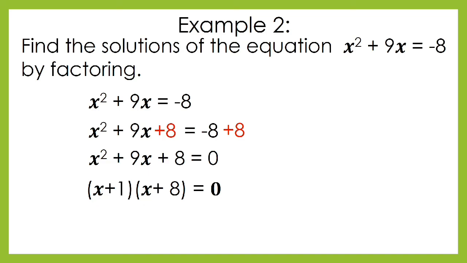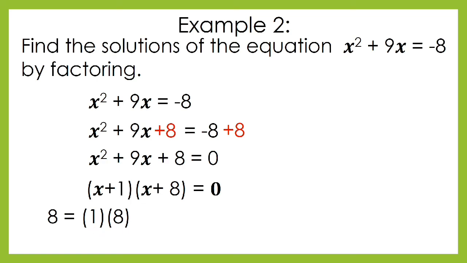After that, we will get the factors of 8 na ang sum ay 9. Ano ba yung dalawang numbers na pag pinag-multiply mo ang product ay 8 at kapag pinag-add mo naman ang sum ay 9? Okay. Ang factors ng 8 na may sum na 9 ay 1 and 8.